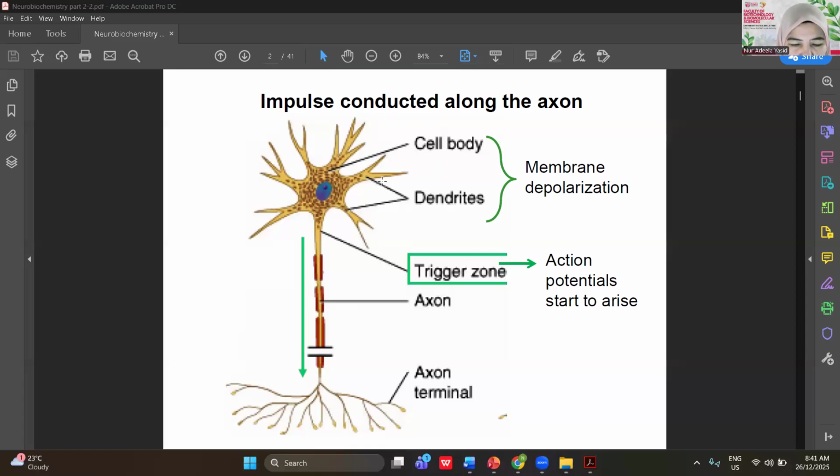Then from there we go to the trigger zone. The trigger zone is located at the junction of the axon. This is the site where the summation of the graded potentials from the dendrite and the soma occurs.